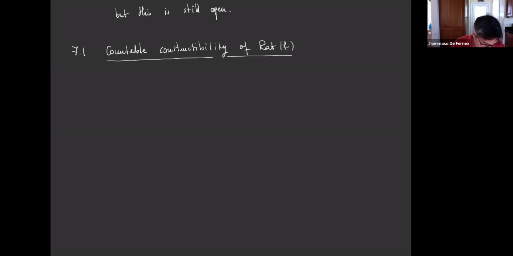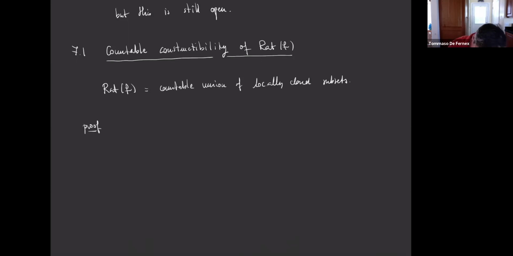So the statement again is that the rational locus of F is a countable union of locally closed subsets. So the proof here, actually our original proof was a bit more complicated, but this proof was actually just by Voisin.